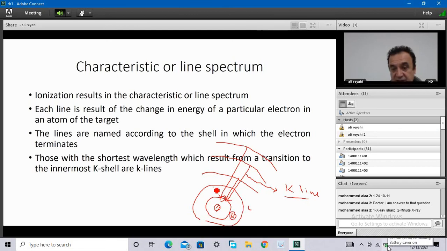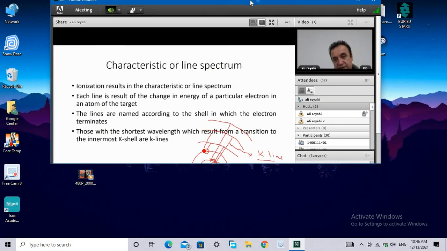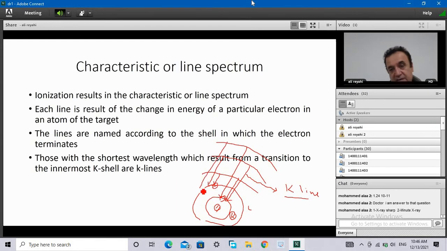When we have an empty space in the L shell, the electron comes from the upper layer to the L shell, and this linear X-ray is named L line.